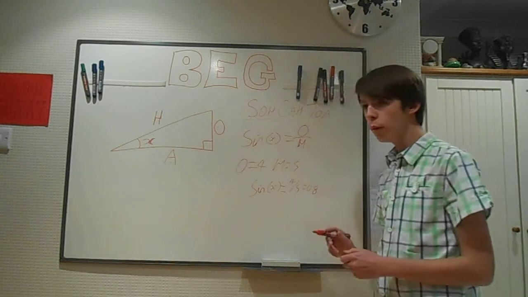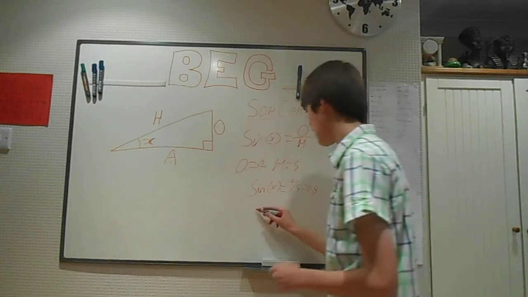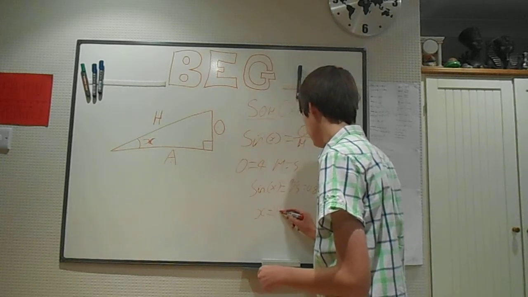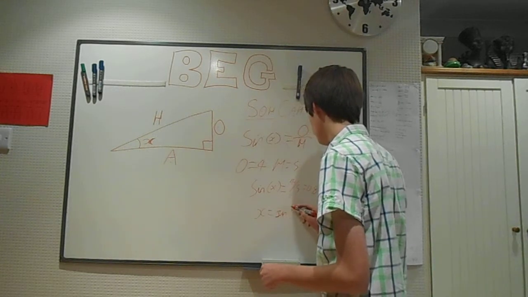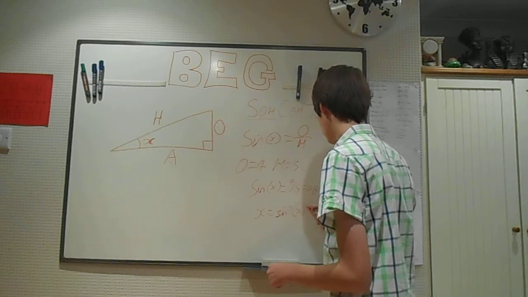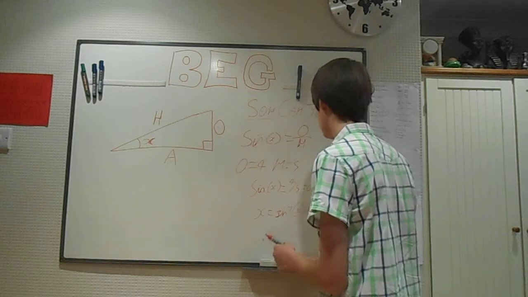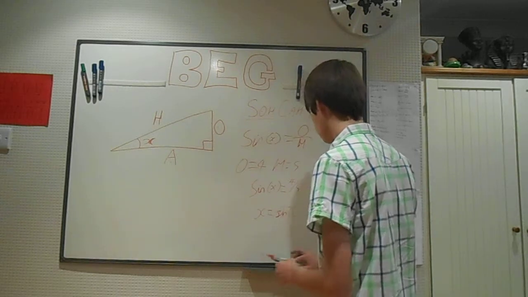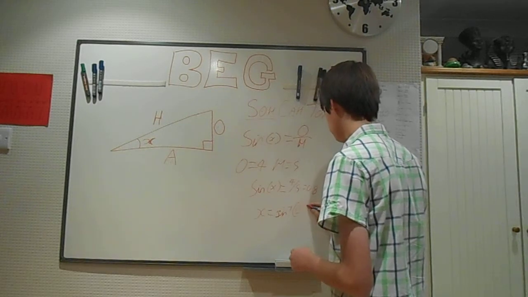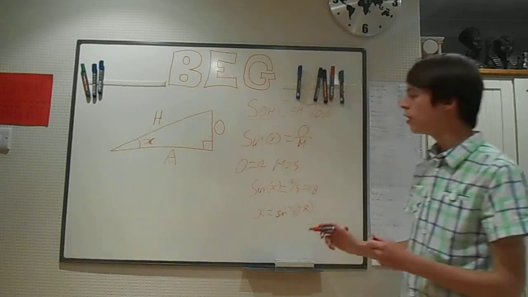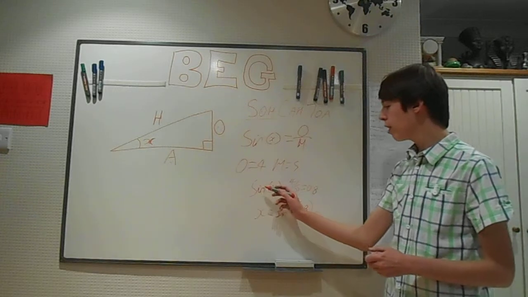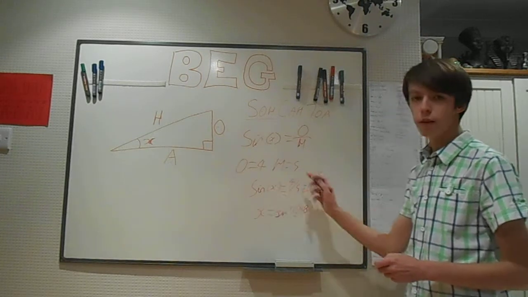Now what we can do to work this out is x equals sine to the minus 1 of 0.8. So essentially what we've done here is the inverse sine of both sides.